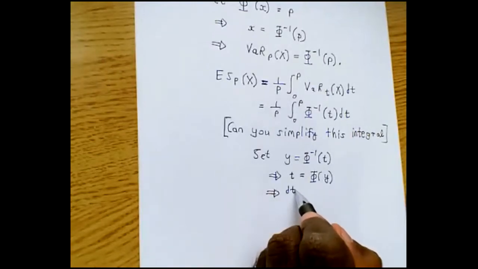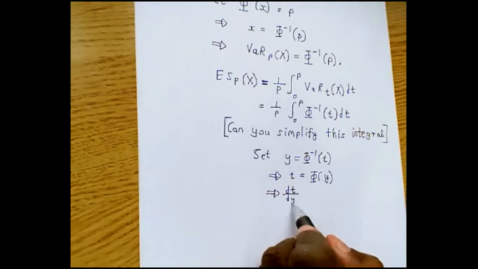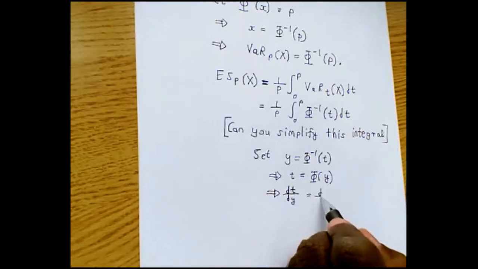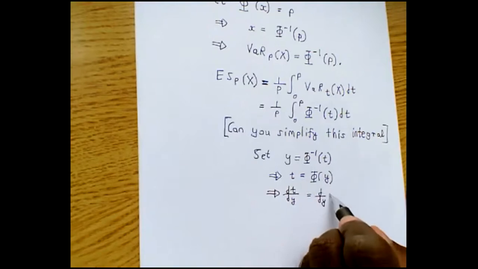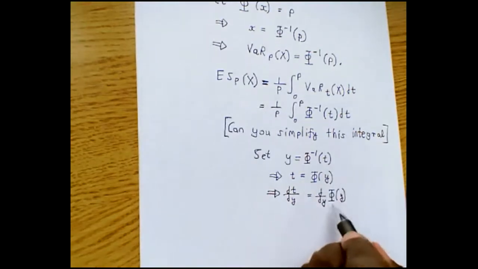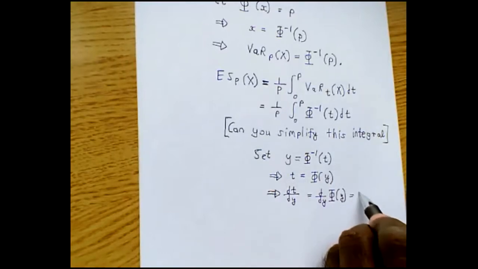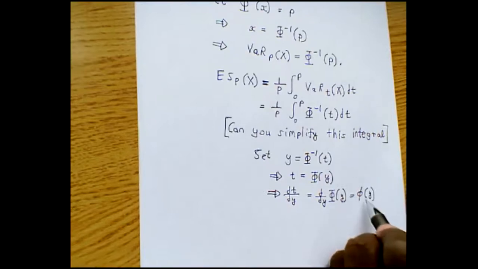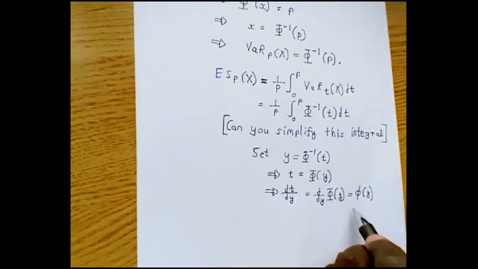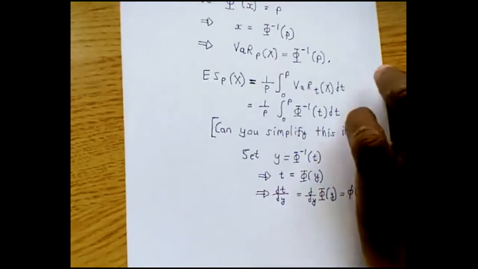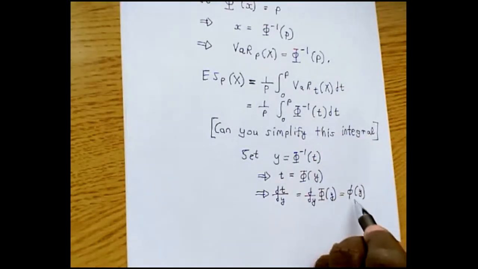So dt by dy is d by dy of capital phi of y. Now the derivative of capital phi with respect to y is going to be the little phi. The little phi is the density of the standard normal, which I'm sure all of you should know.